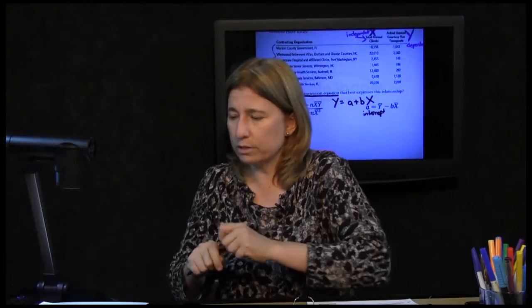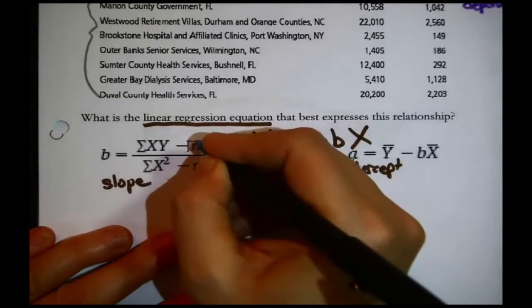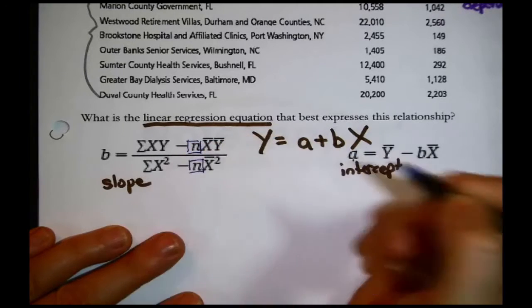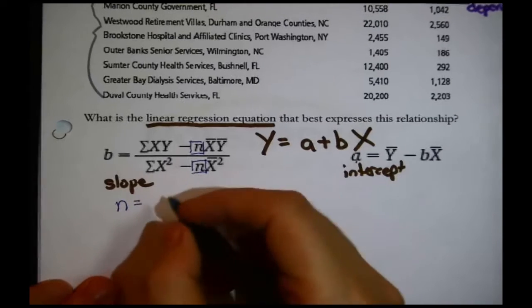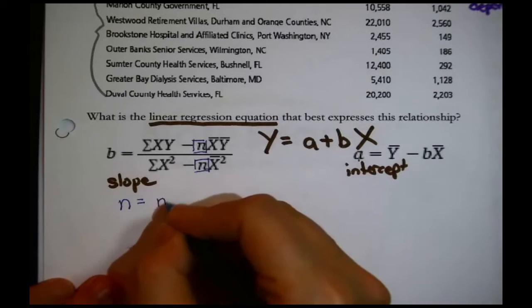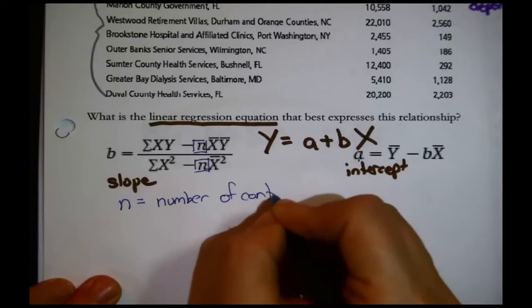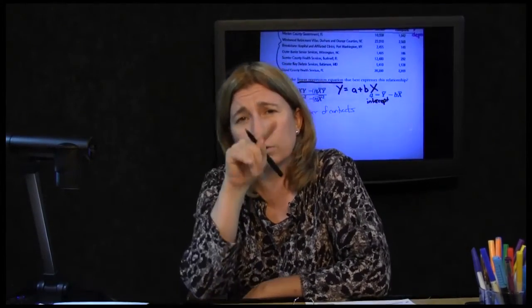I wanted to point this out. For instance, we need N. See that right there? N, and N here. N is easy. N is the number of contracts. Specifically in the case of Livingston Medical, N is always the number of observations in general, a little lowercase n, and it's not just linear regression.